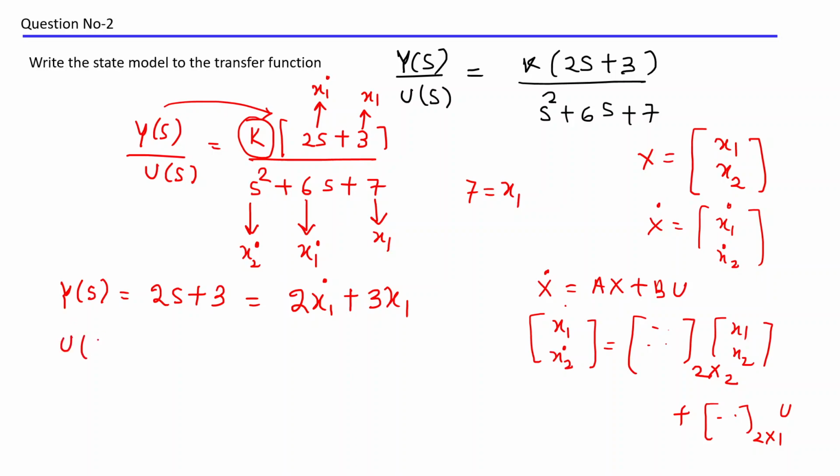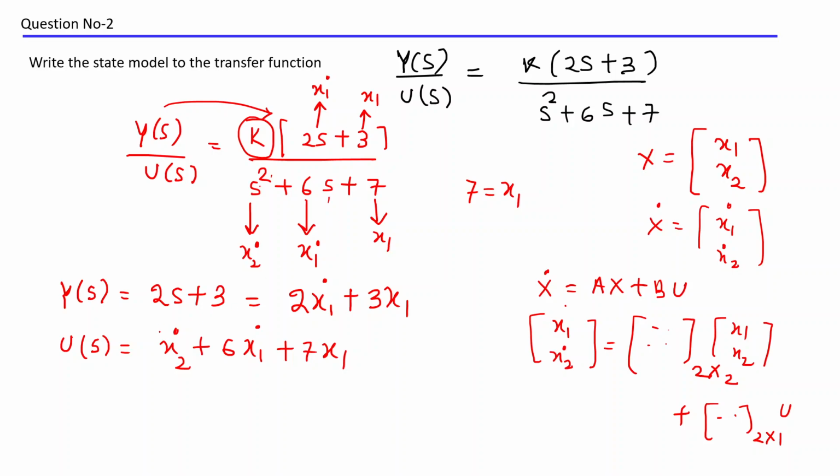Then u of s, simultaneously you have to write down. S square is x2 star, and 6s, this s is now x1 star, and 7, the coefficient is x1. Did you follow how I have written this?